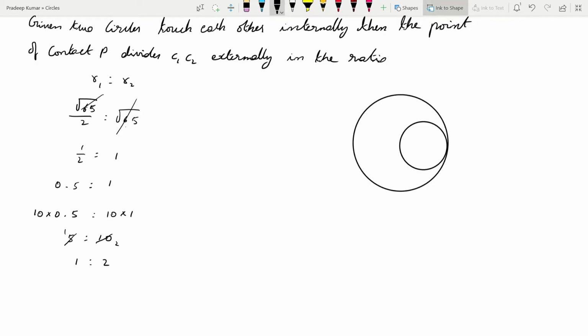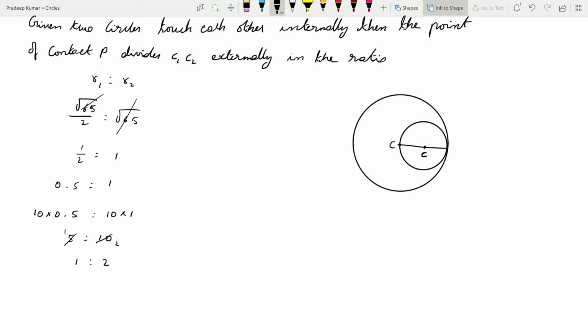Now if we want to understand this very clearly, as the ratio is 1:2, suppose this is the big circle radius. When it comes to the small circle, its radius is half of the big circle radius. This is the center for the big circle, but this is the center for the small circle.